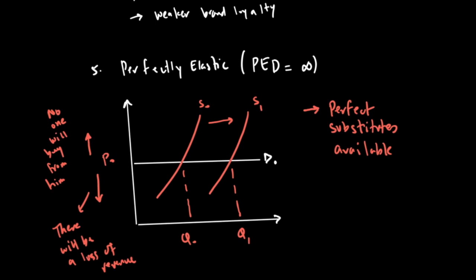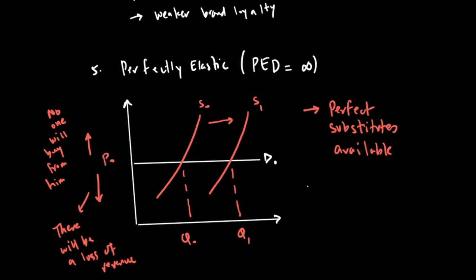Will anyone buy from him knowing that there is another producer with a price of $10? The answer is no. So that producer who raises his price above P0 will lose all his sales. This demand curve suggests that a producer can sell any quantity at the going price P0.